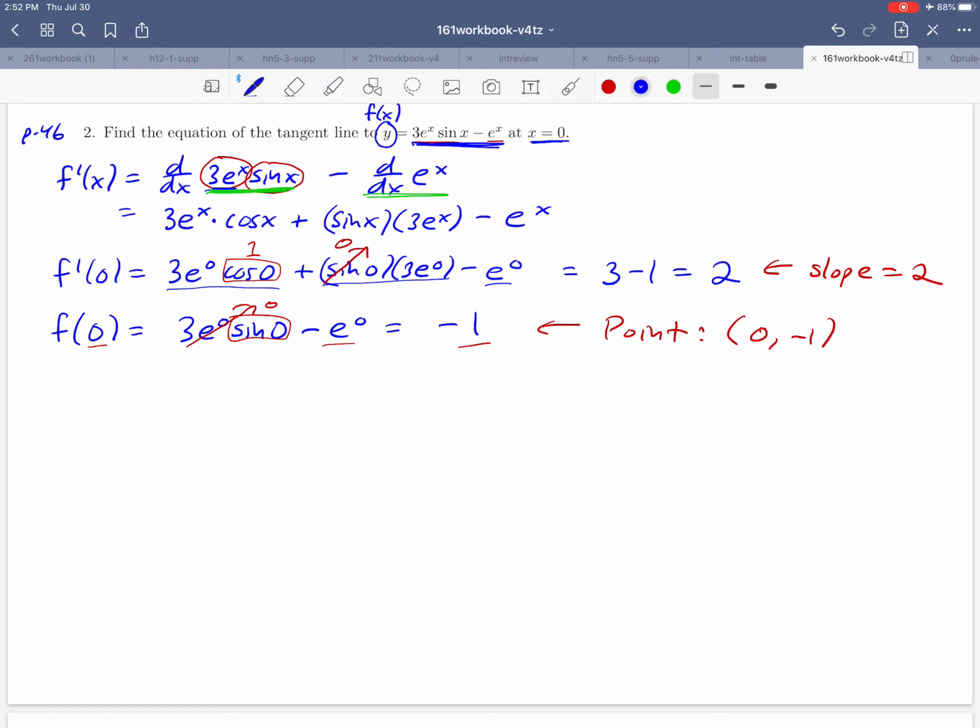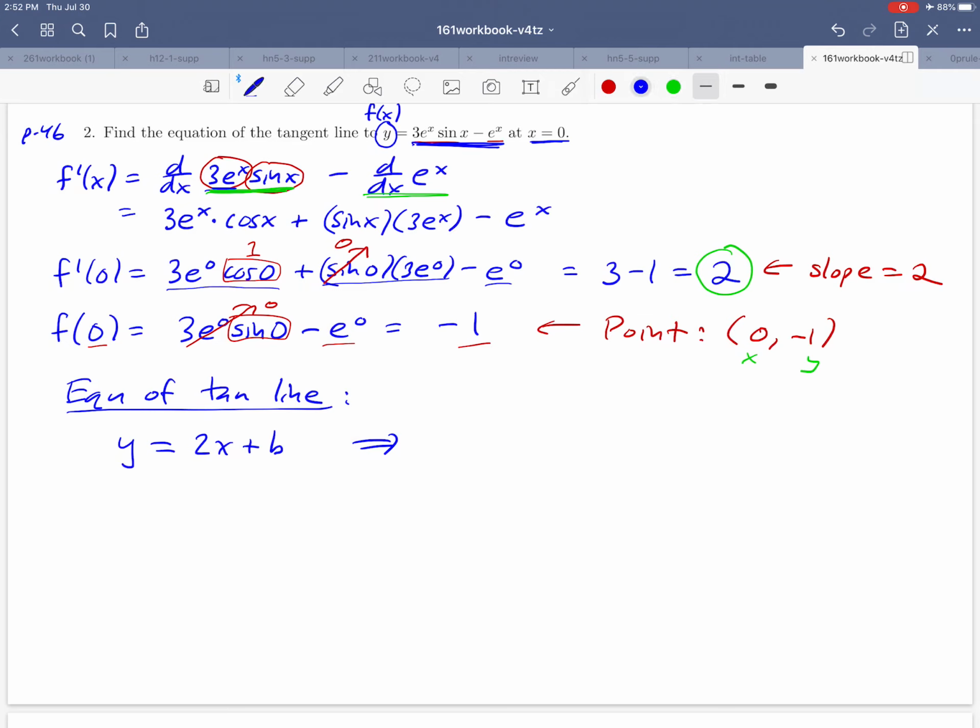So what about the equation of the tangent line then? Let's see if we can write it down. We're going to start with y equals mx plus b, and the m is just this slope 2 that we found. So we've got y equals 2x plus b, and we're going to use the point that we found to figure out what the b is. This point has an x-coordinate of 0 and a y-coordinate of negative 1.